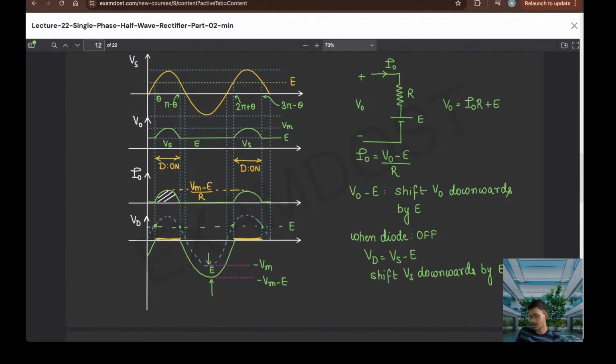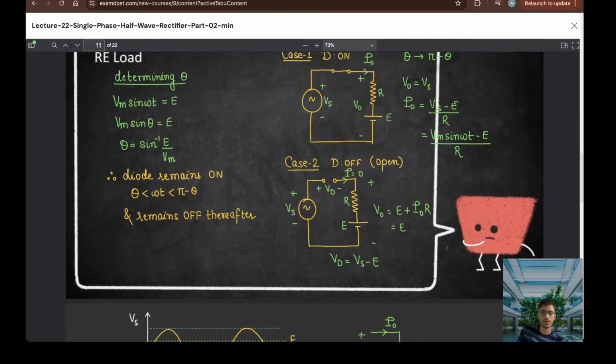Now if you want, I naught is also required. So I naught would be 0 when the diode is off.